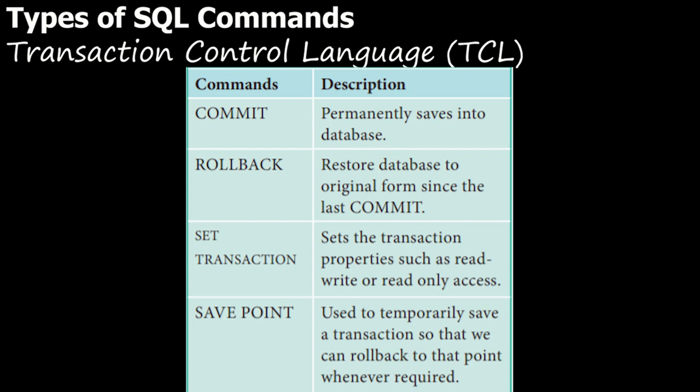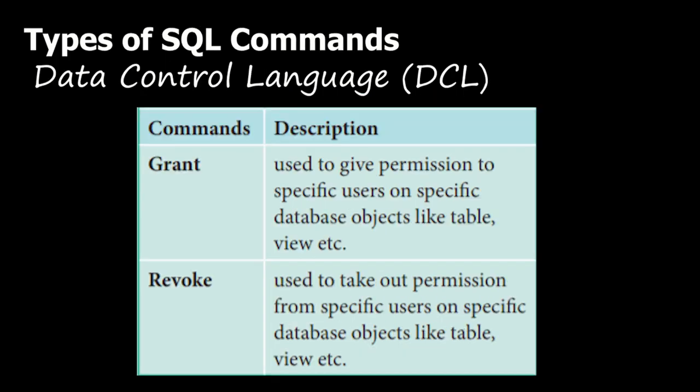Okay, and the next one, today's last topic, is data control language. The last one in these types of SQL commands is DCL, data control language. In this data control language we have two commands. One is grant and another one is revoke.